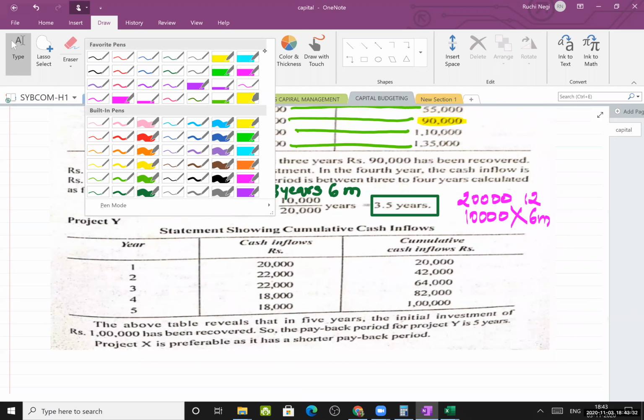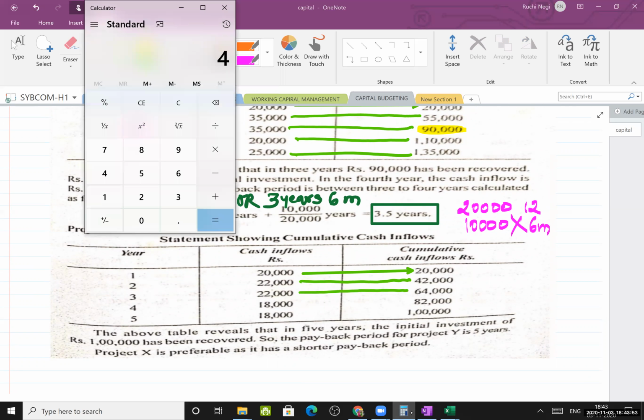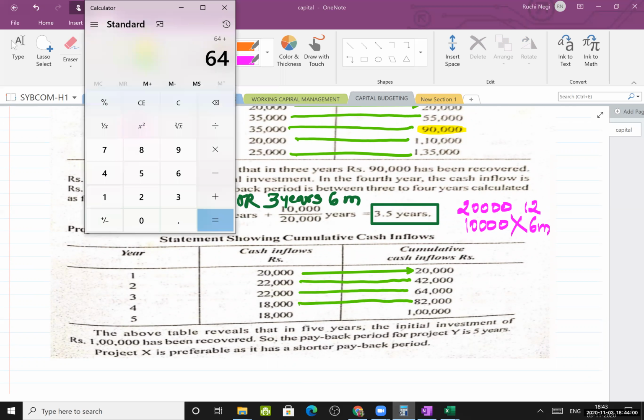First year 20. ठीक है, अभी सीधा add करते जाओ. 20 plus 22, 42. 42 plus 22, 64. 64 plus 18, 82. 82 plus 18, 1 lakh. Okay, so in this you directly got the answer.